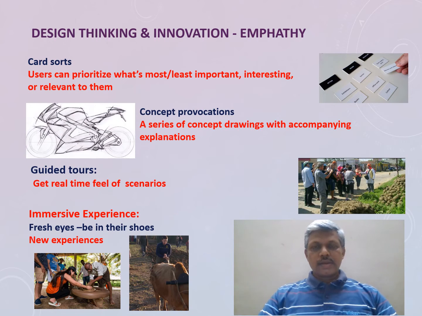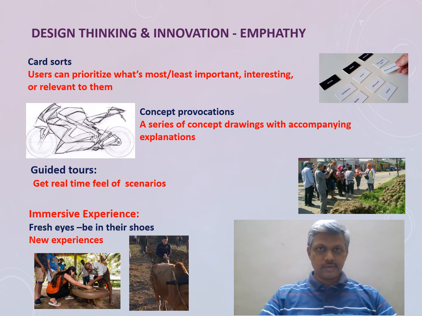During the personal interactions, we may observe so many facets of the problem, so many facts and so many issues related to the problem. Even though we note down all the problems, the prioritizing is an issue. Which one is more priority for the end user is an issue there. Instead of ourselves finding out the priorities, sometimes what we can do is we can allow them to do card sorts, an approach where we put all the issues on small cards.